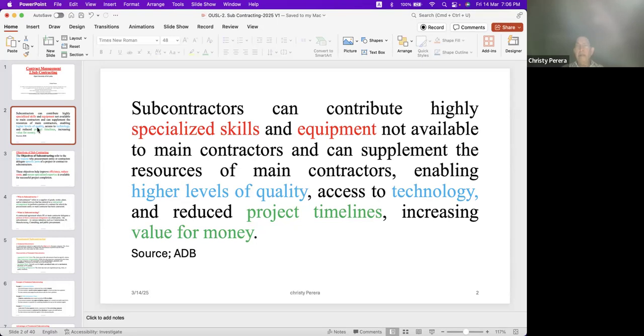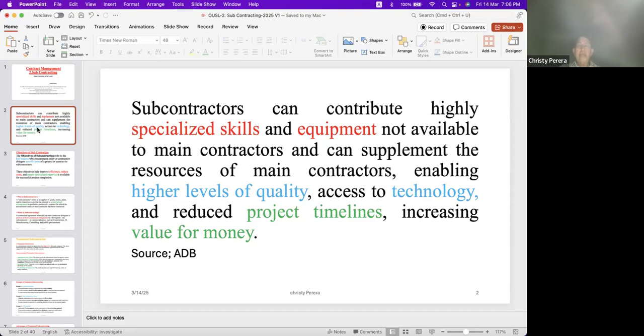All these companies don't have all the experts, so they can't maintain all the experts. Therefore, at that time, they can employ an expert subcontractor to do that part.